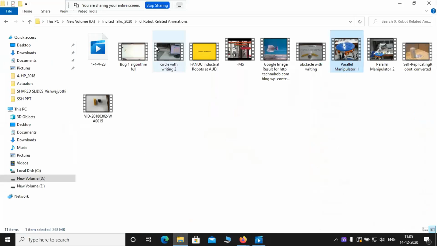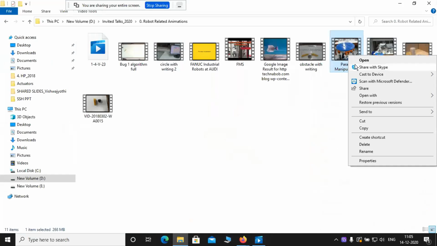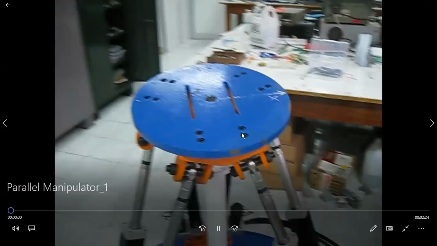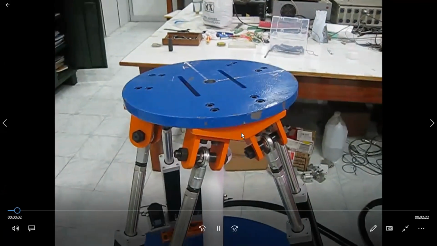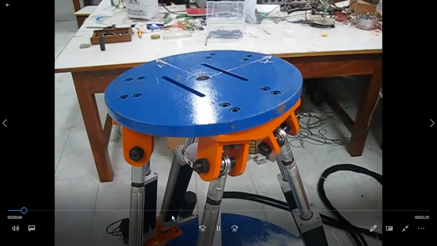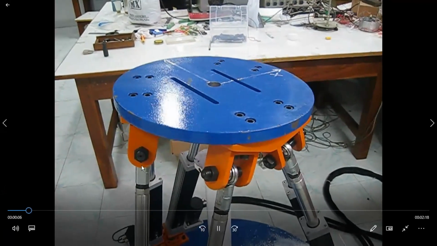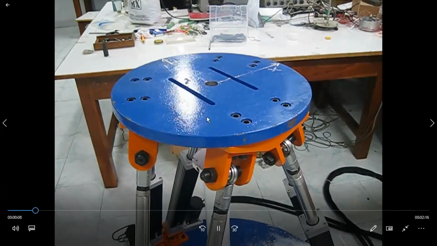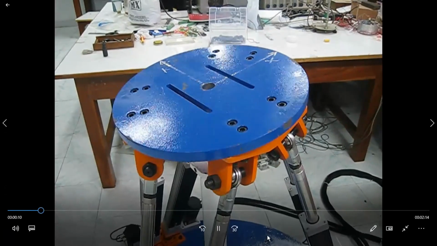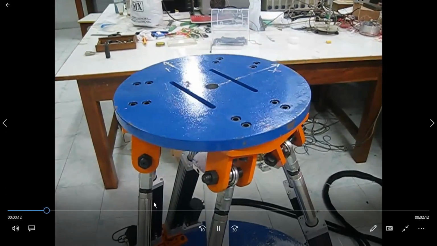See, this is a parallel manipulator used for ocean exploration. We are testing this robot on the ground itself. Shanmugesh? Yes, sir. Now it is okay, sir. See here, these gears are patented ones. This top platform, and the bottom is a movable platform. This is controlled through the motor.